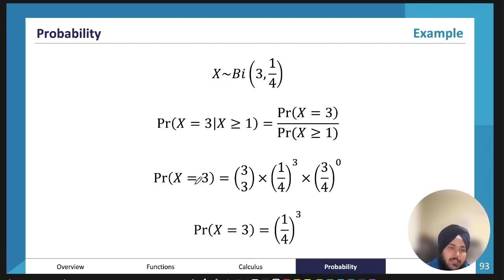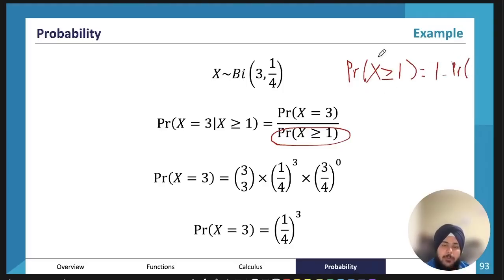And essentially we can just find the probability X equals 3. And to find the probability X is greater than or equal to 1, we can actually use this formula over here, which is the complement formula. So instead of finding the probability X is greater than or equal to 1, sometimes it's actually easier to work out 1 minus the probability of the opposite. What's the complement?